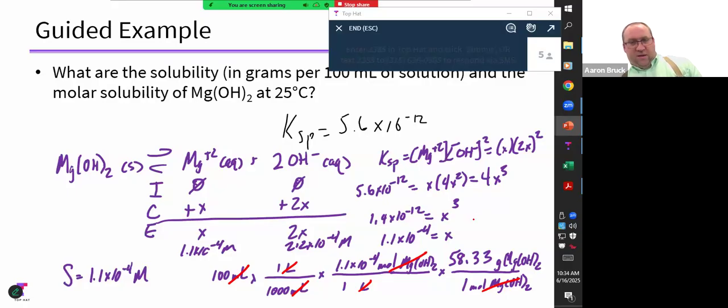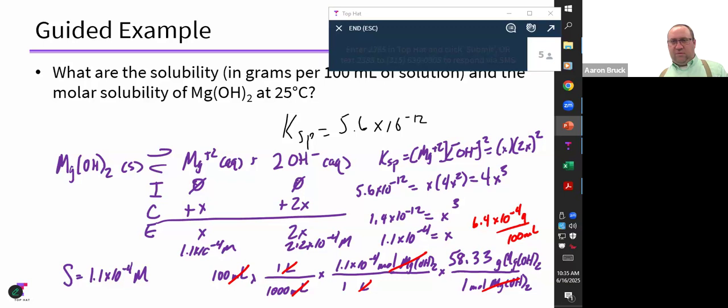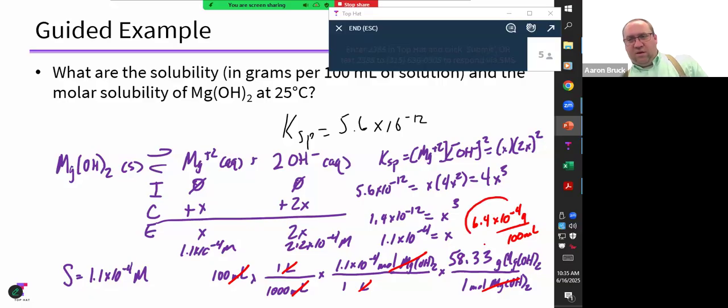I'm getting 6.4 times 10 to the negative fourth grams per 100 milliliters. So that would be the true solubility there in red versus the molar solubility there in purple.